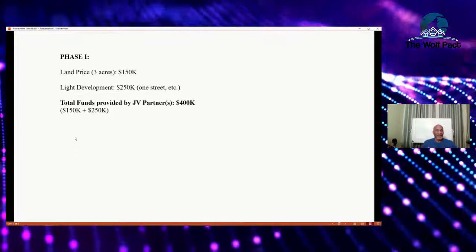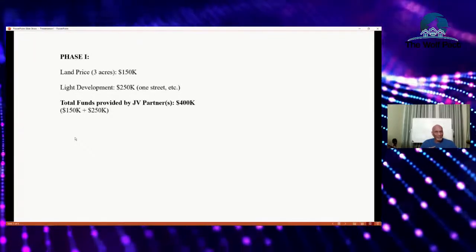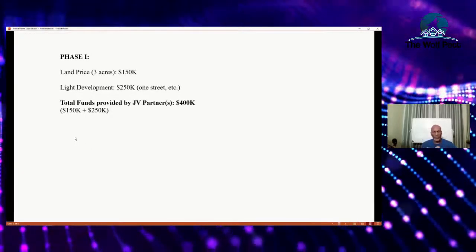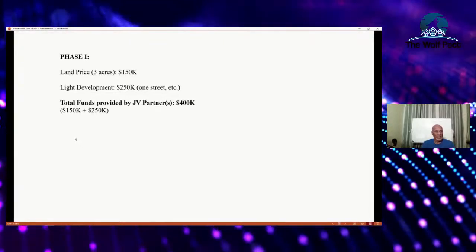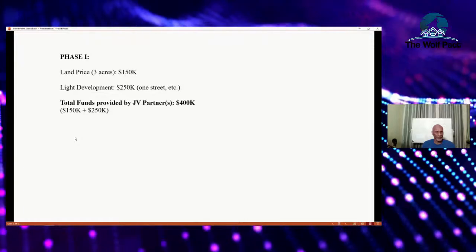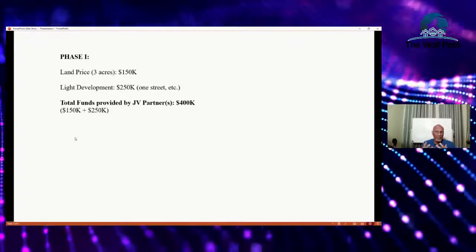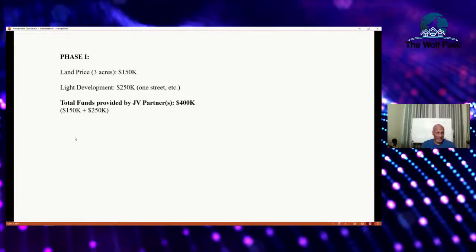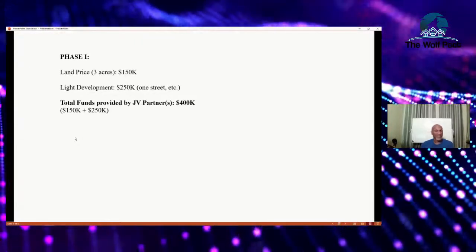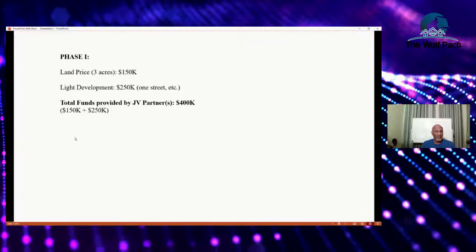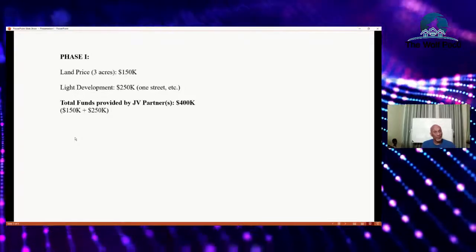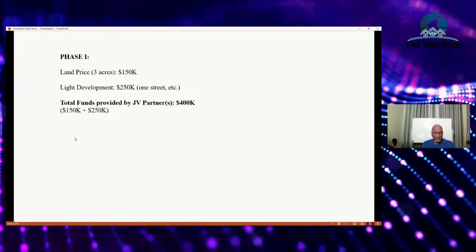See, as a deal architect, it's my job to structure projects so other members can participate in. So I know that I have 30 lots. I will have access to 30 lots once developed. And it's going to cost a total of $400,000 to get it there.